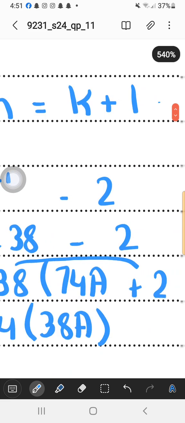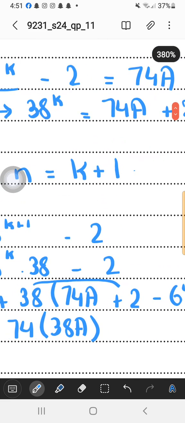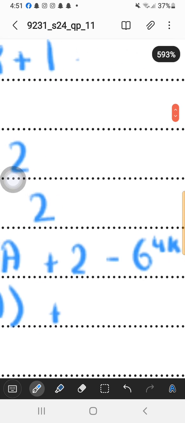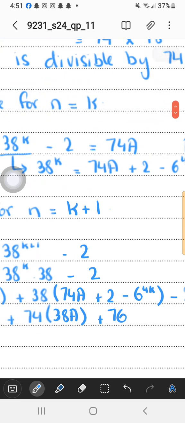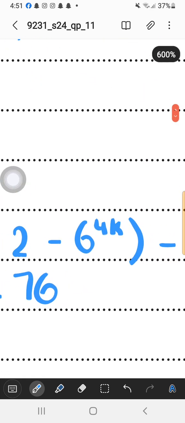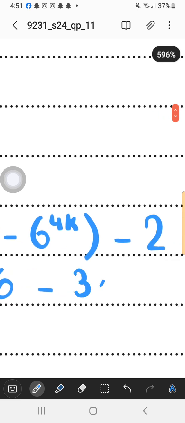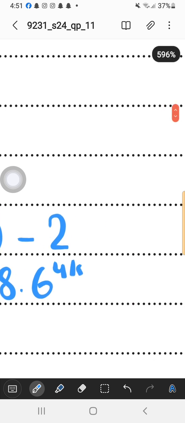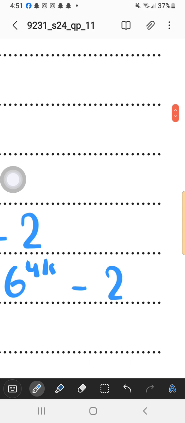Now multiply 38 by 2, so it becomes 76. Now multiply 38 by minus 6^(4k), so we write minus 38 dot 6^(4k), then minus 2.